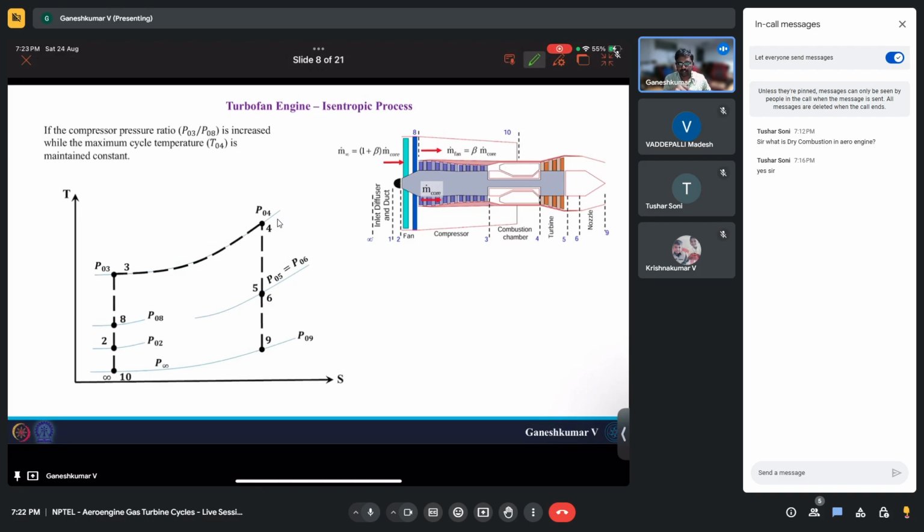So I am keeping T04 constant, which means I'm not changing the maximum temperature or turbine entry temperature, but I'm just increasing the pressure ratio of the compressor. P03 by P08 was some value, and I'm increasing it a little bit. Now, what would happen?